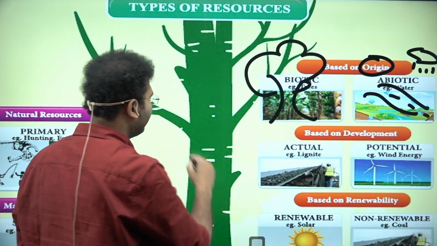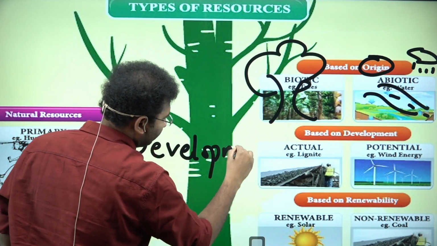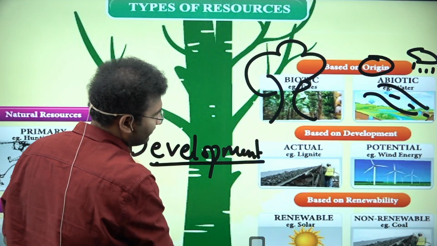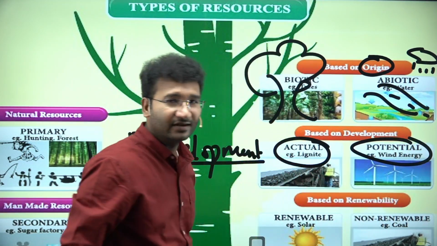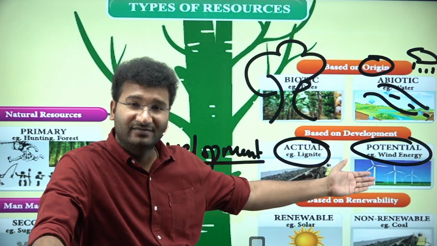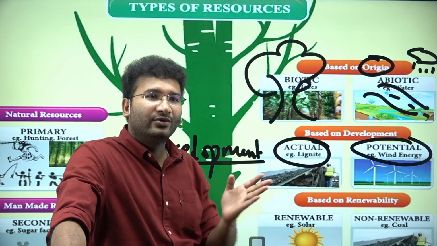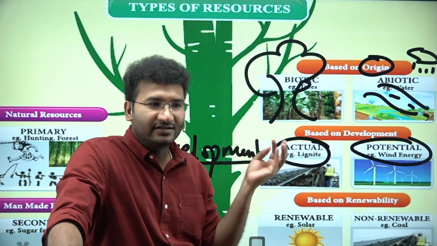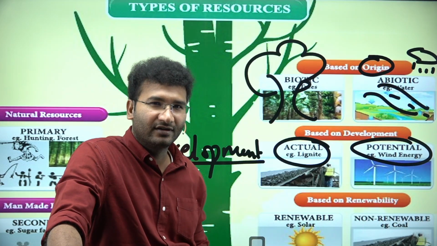On the basis of development, a resource can be actual or potential. I said perceived energy is always potential energy, right? For example, I told you a dancer: you take the dancer onto the stage and sell the tickets in the name of the dancer, you're generating economy out of it, right?